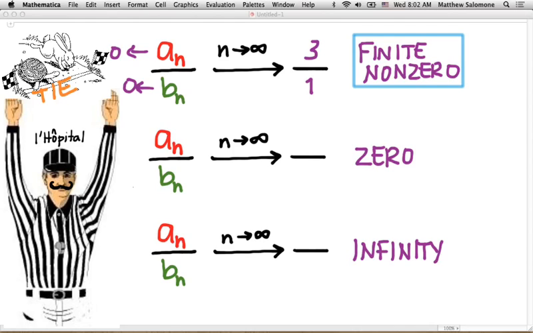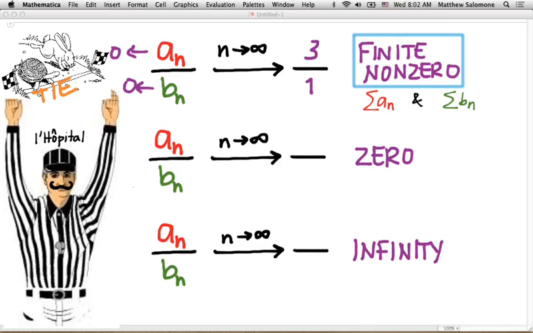And this is the best possible case for the limit comparison test, because it means that the series summation of an and the series summation of bn are always going to do the same thing. If one of them converges, then the other one converges. Because if one of them is racing to 0 fast enough that the series converges, then since they get to the finish line at the same time, the other one will also.